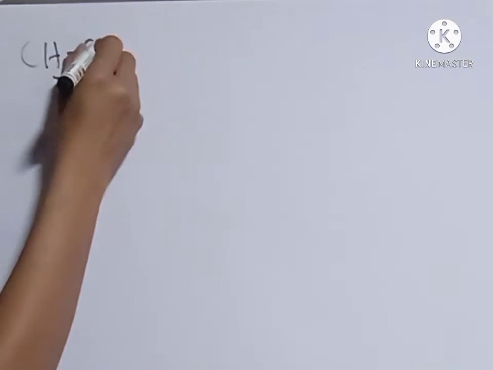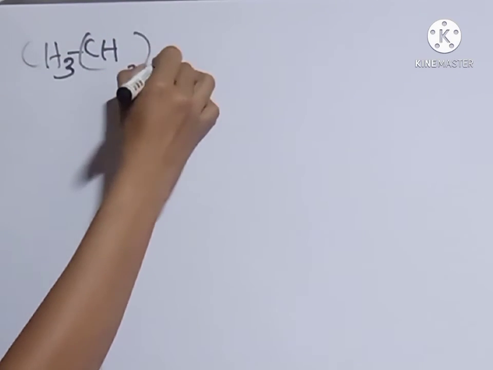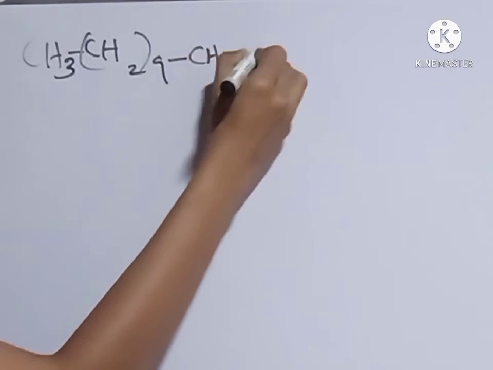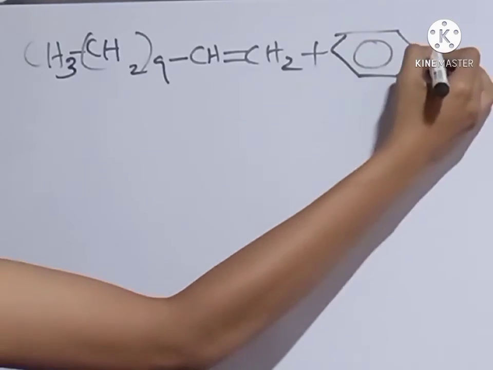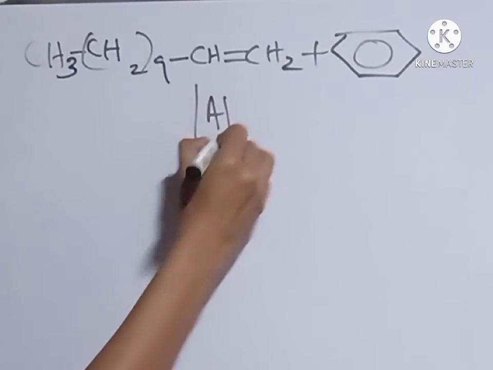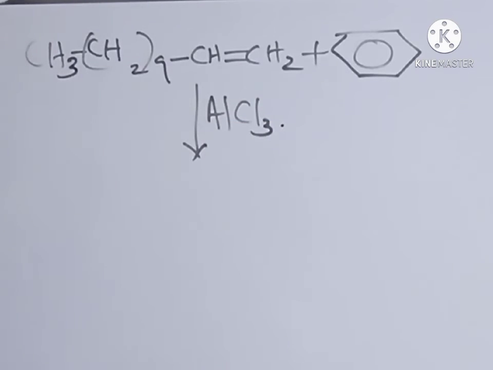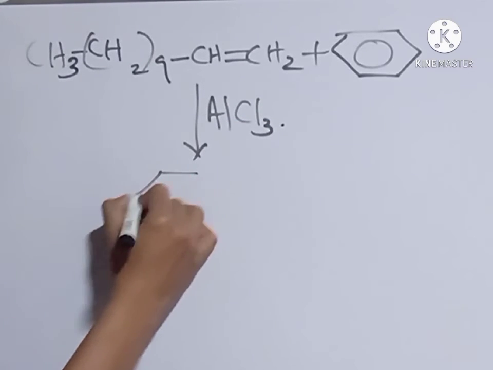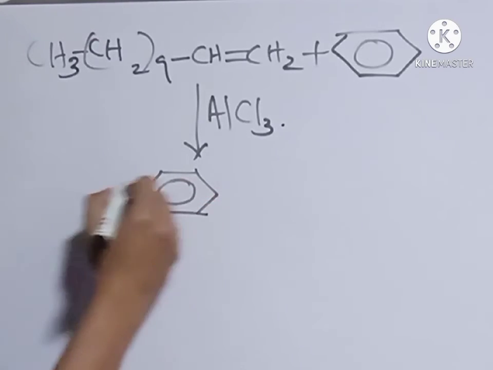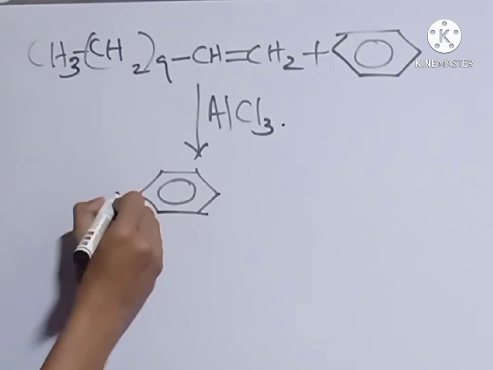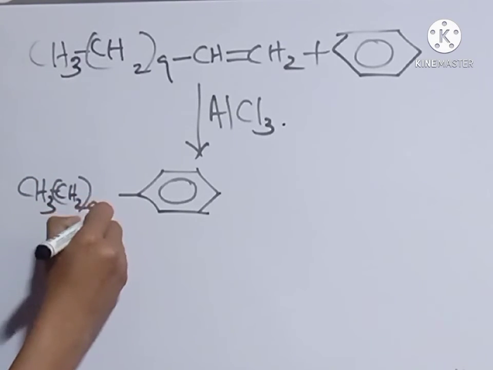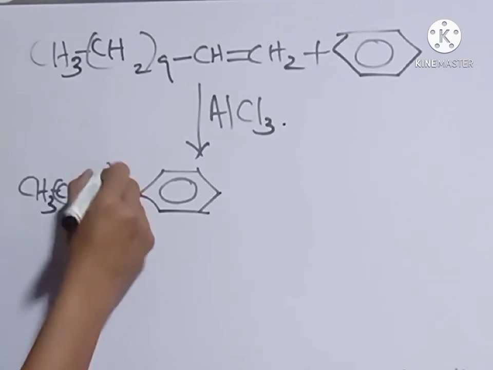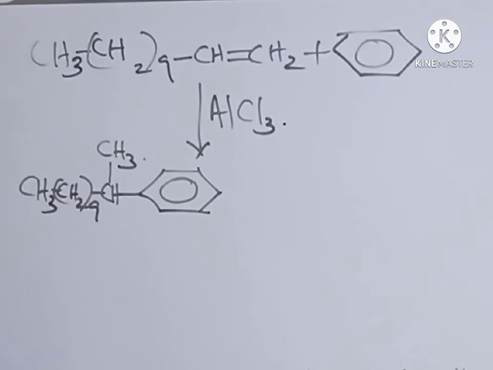I'm going to rewrite the reaction here, that is CH3 (CH2)9 CH double bond CH2 on Friedel-Crafts reaction with benzene in presence of anhydrous aluminum chloride. We'll get a molecule like this, CH3 (CH2)9 CH and CH3.